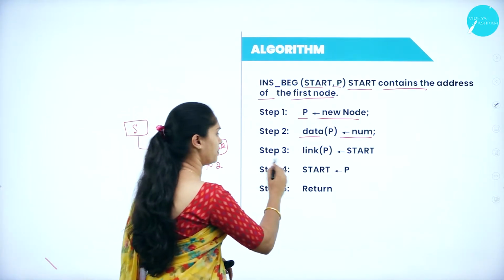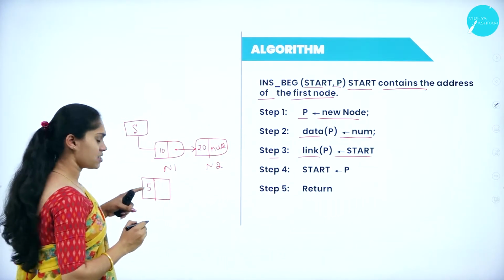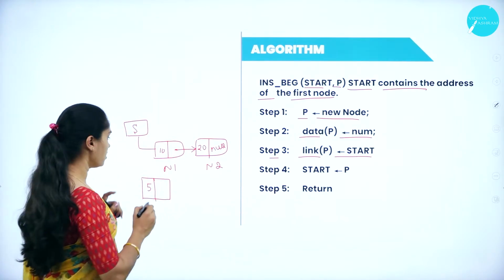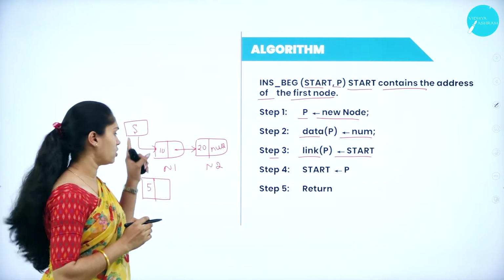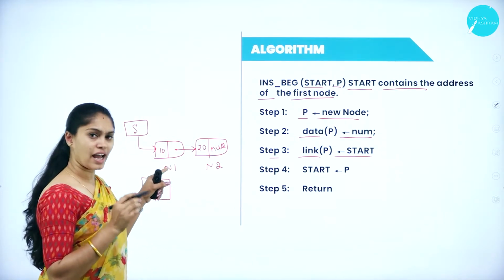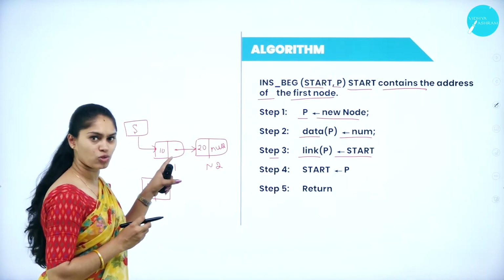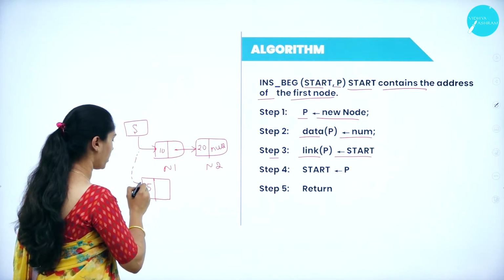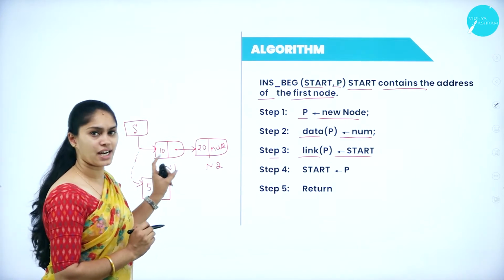What is there in step 3? Link of p, start. So I have to give the link of this p node to the start. Initially the start pointer was pointing to node 1, but now I have to pull that start pointer from node 1 to this newly created node.